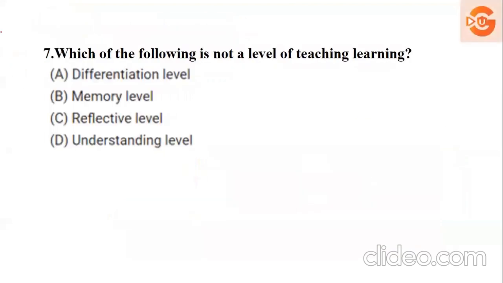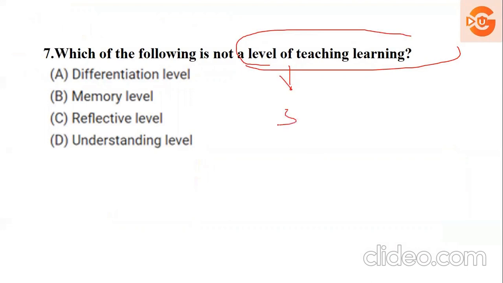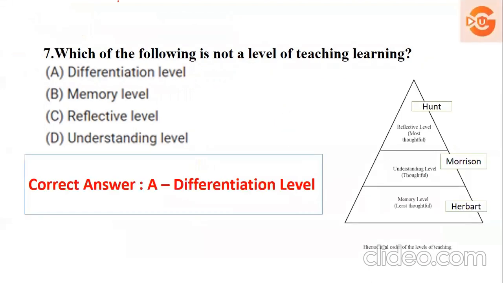Moving to the next question: which of the following is not a level of teaching? Basically there are three levels of teaching: the memory level, the second is understanding level, and third is the reflective level. The memory level is least thoughtful.